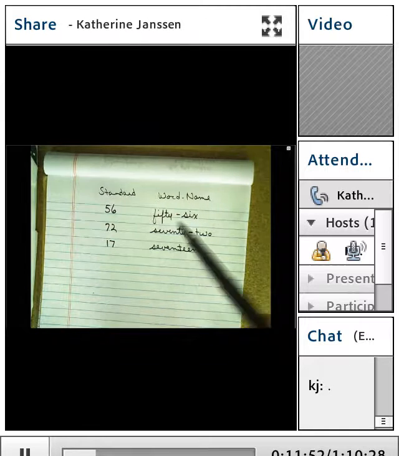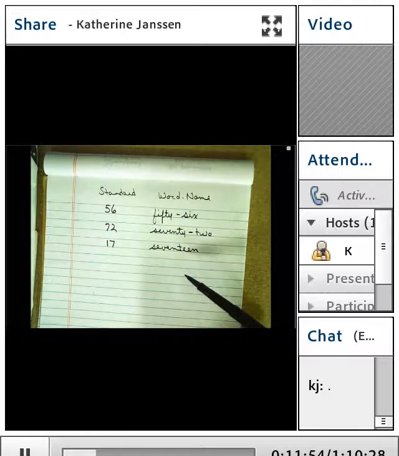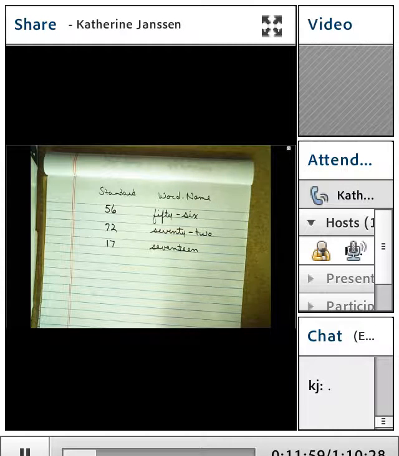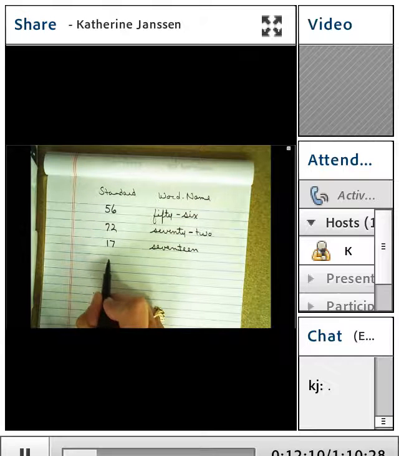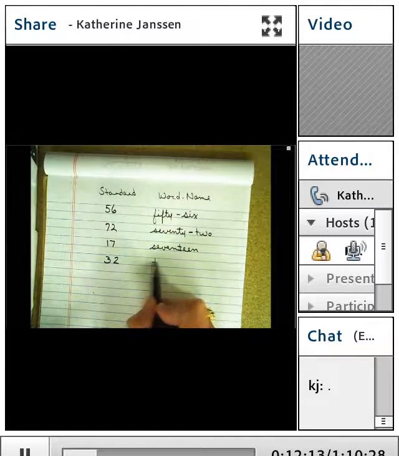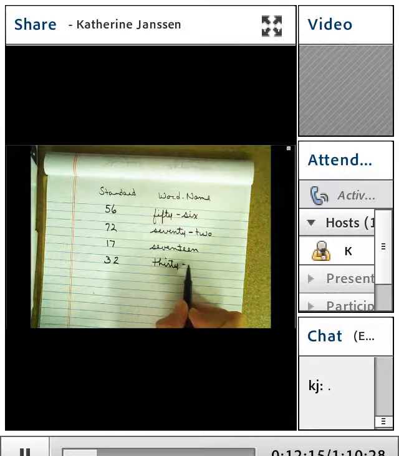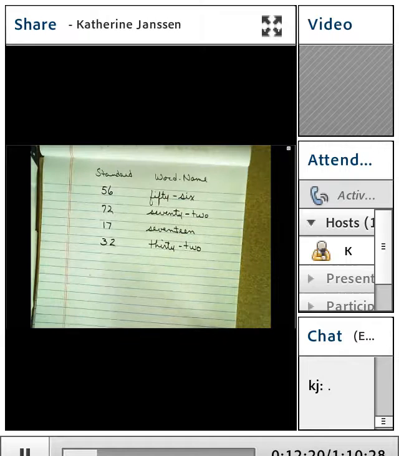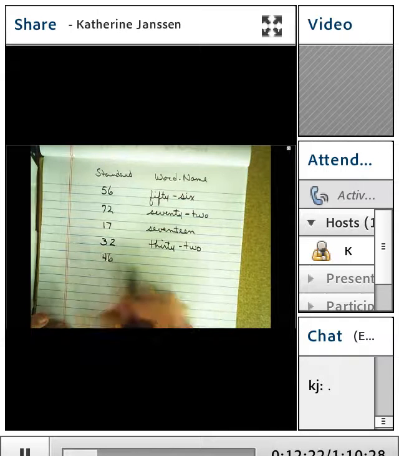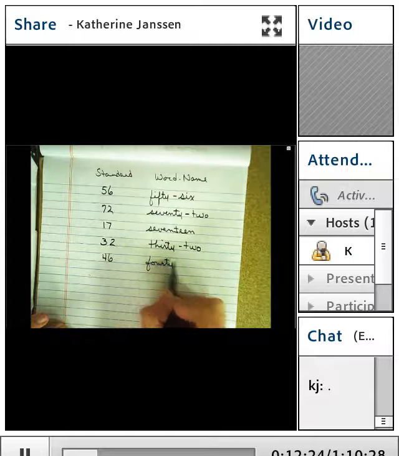So for our digits 1, 2, 3, 4, 5, 6, 7, 8, 9, we have a word name for them. 1, 2, 3, 10, 11, 12, 13, 14, 15, 16, 17, 18, 19, 20. And then we have 32, which would be thirty hyphen two, 46, forty hyphen six.